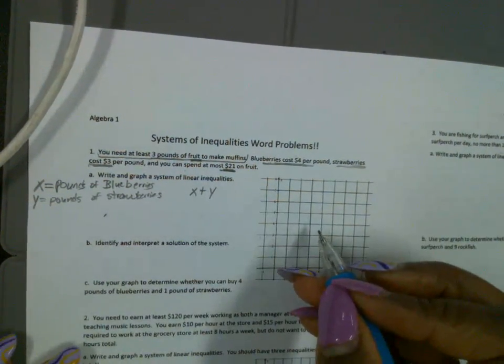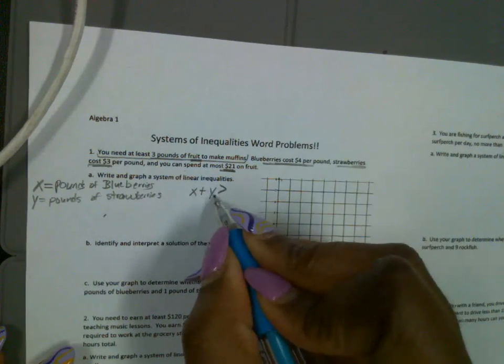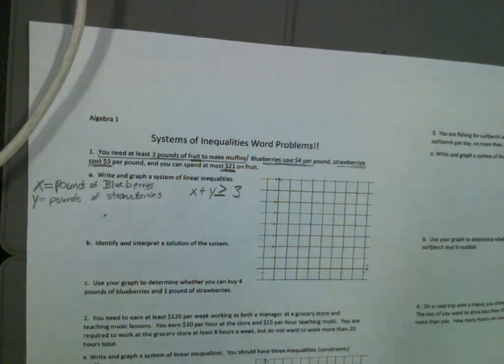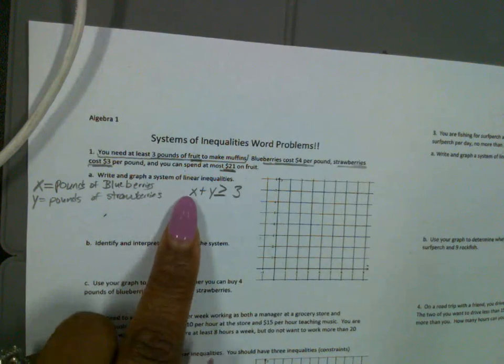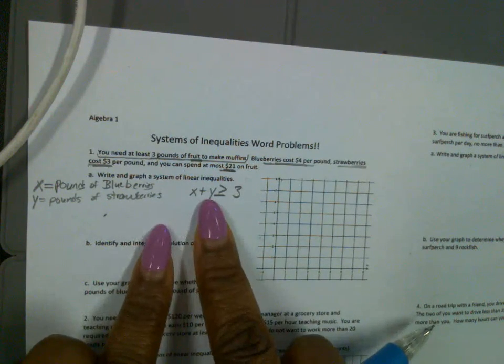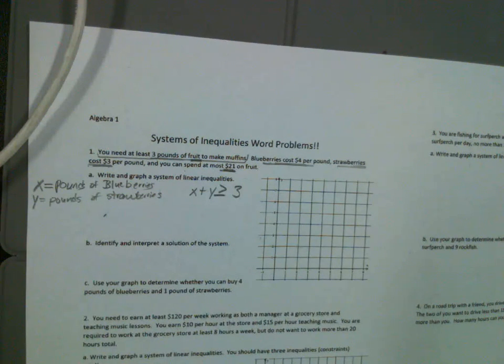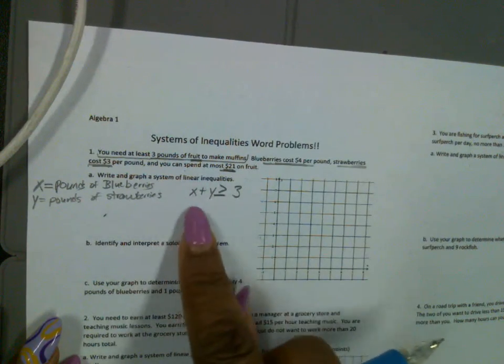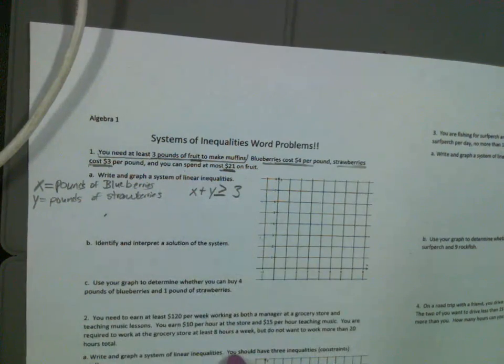It has to be greater than or equal to 3. The two combined, the pounds for the blueberries plus the pounds for the strawberries combined have to be greater than or equal to 3 pounds. Does that make sense? This should be either greater than or equal to 3.